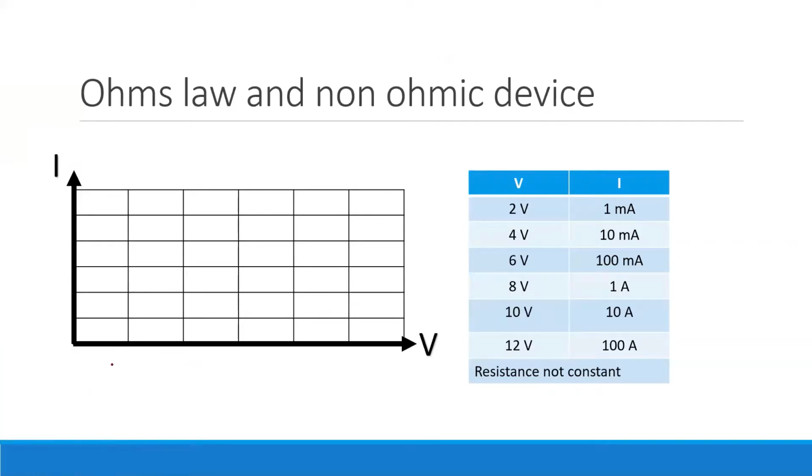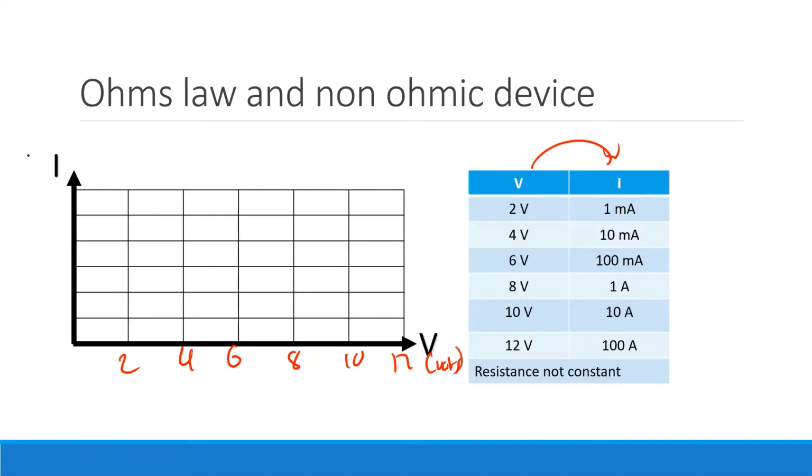So that means that if I start from my voltage in volts, we go with 2, 4, 6, 8, 10, 12 volts. And then on the left, we're going to do this in amps.